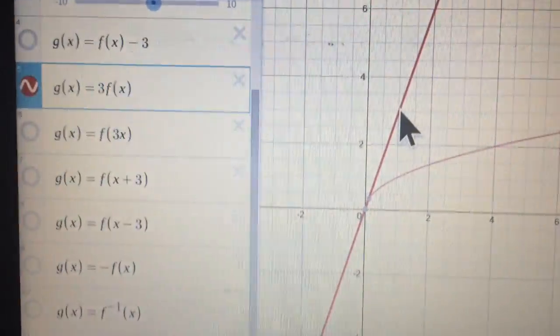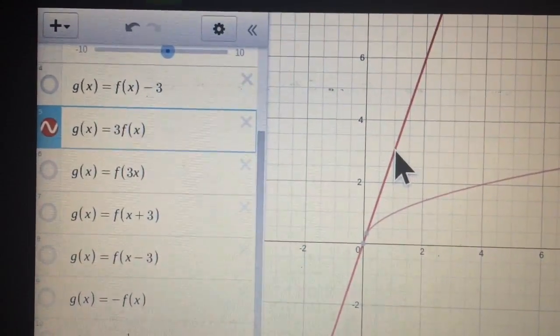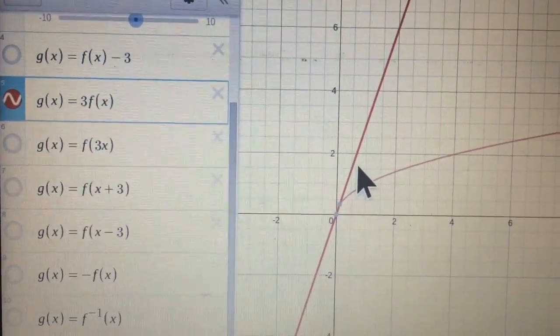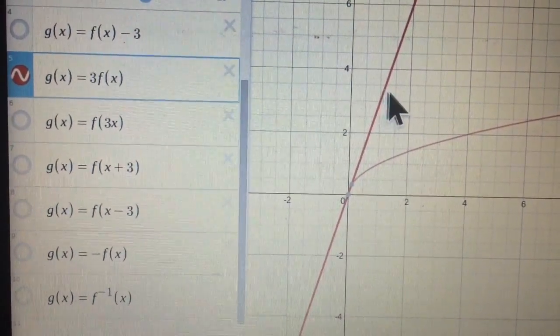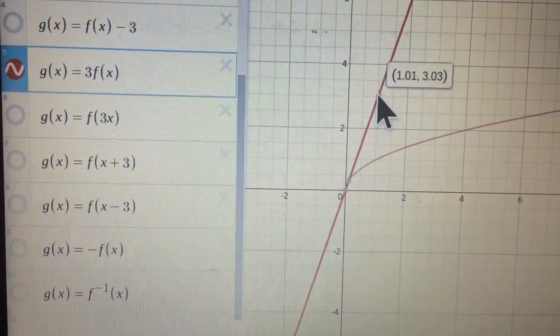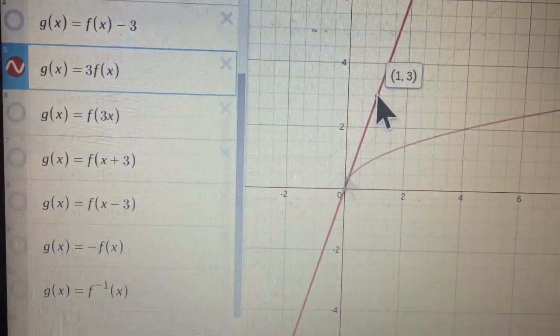Then if we plug in g of x equals 3 times f of x, if we put the 3 in front of the f of x, it stretches it vertically by 3. So the new point would be 1 comma 3, as you can see right there.